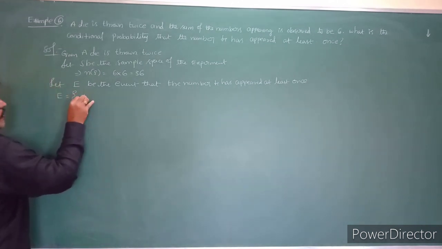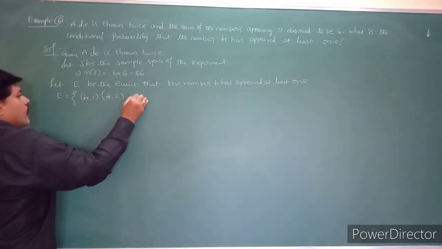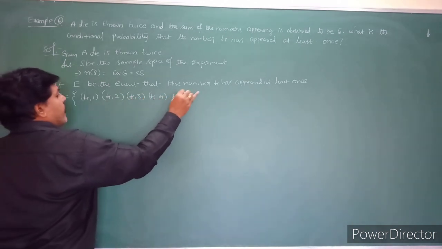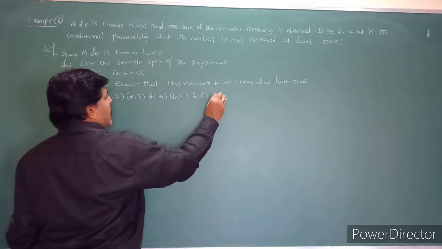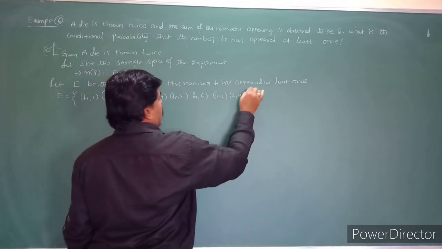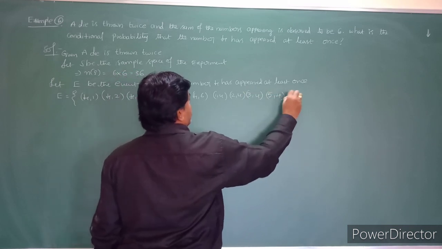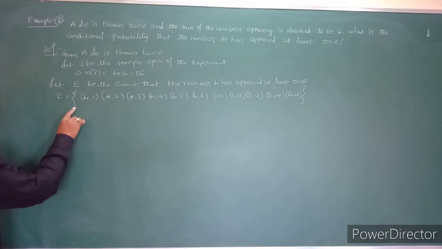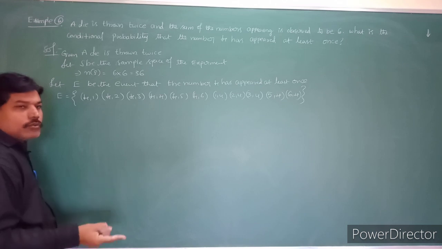That means you can get 4,1; 4,2; 4,3; 4,4; 4,5; 4,6, and 1,4; 2,4; 3,4; 5,4; 6,4. So that is E. E is nothing but at least once, that means greater than or equal to 1, 1 or 2.